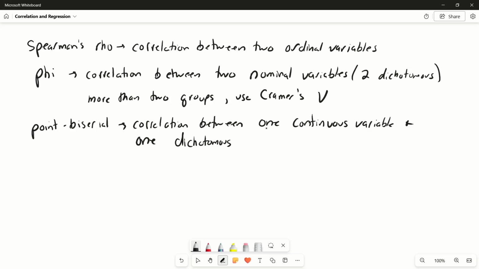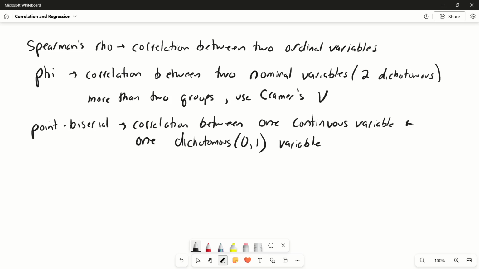That dichotomous variable is still categorical. It's a nominal variable, but it's 0, 1, so only two values, right? So if you have one continuous and one discrete dichotomous variable, you calculate something called point biserial.